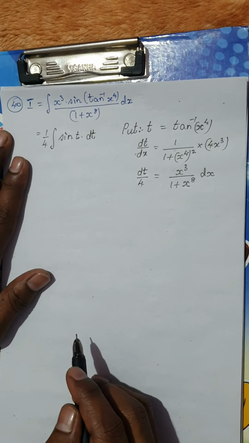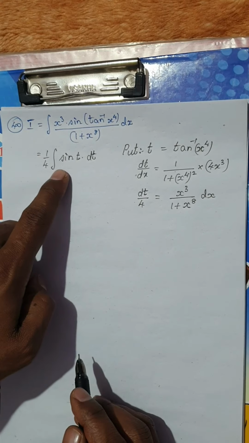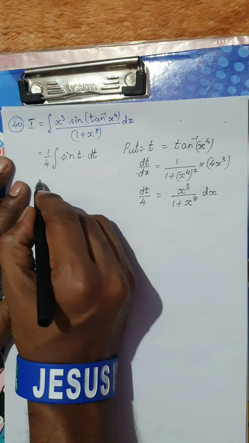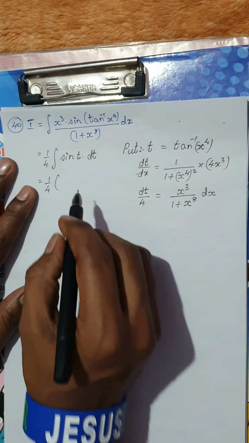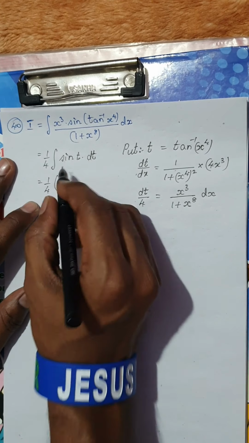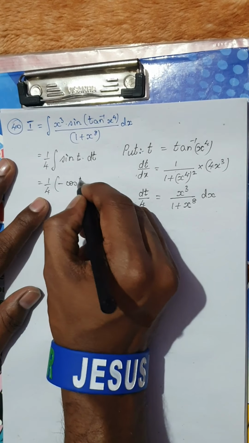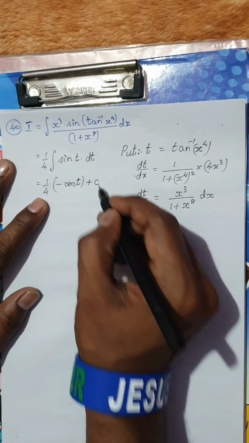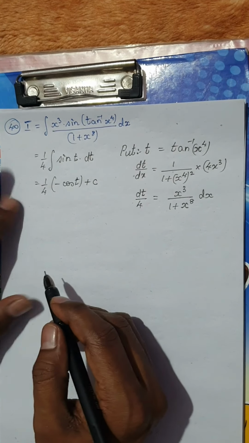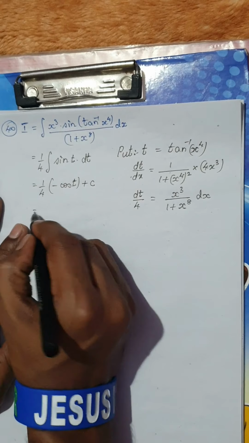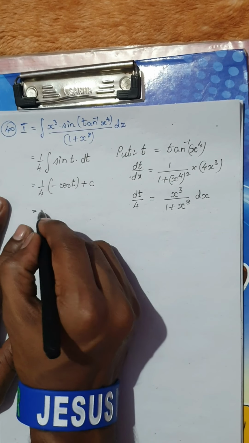So such a huge integral turned out to be a very simple standard result. This is nothing but 1 by 4 into, what is the integral of sine t? We know the integral of sine t is minus cos t plus a constant of integration. Now the final result, let me take this minus also outside.